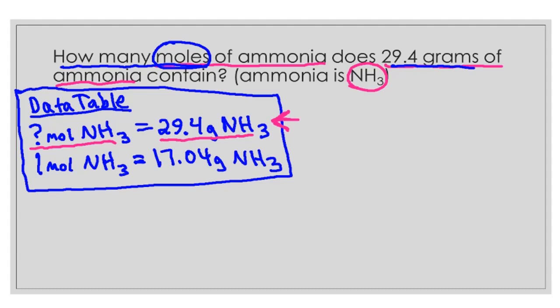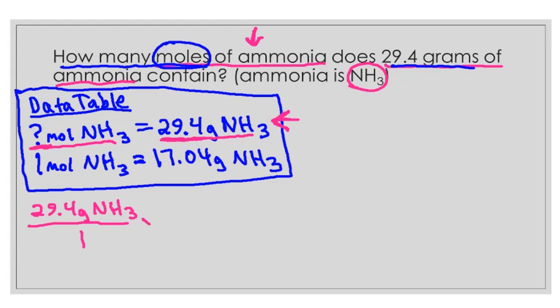That's the question that we got from up here in the original problem. So we don't know, we have a question mark here. We don't know how many moles of NH3 yet, but we do know on the other side of the equal sign, we do know 29.4 grams of NH3, and we're just going to put that over 1.